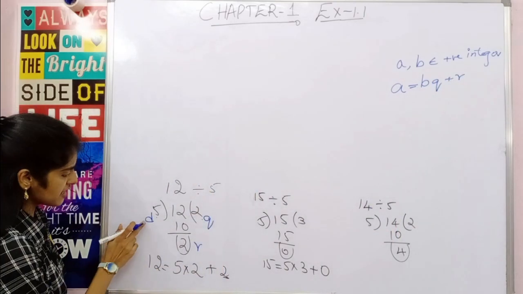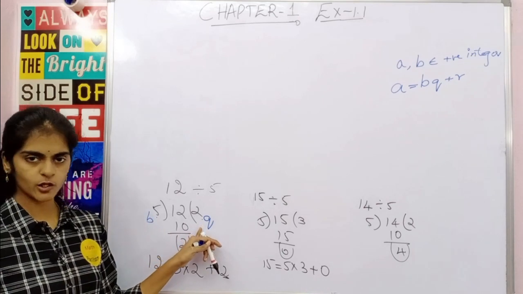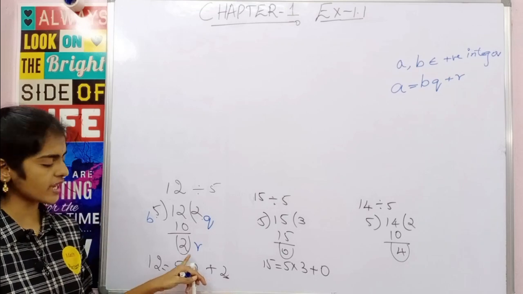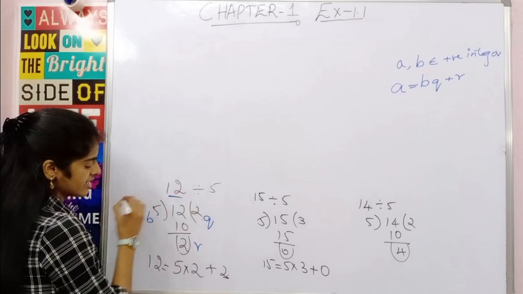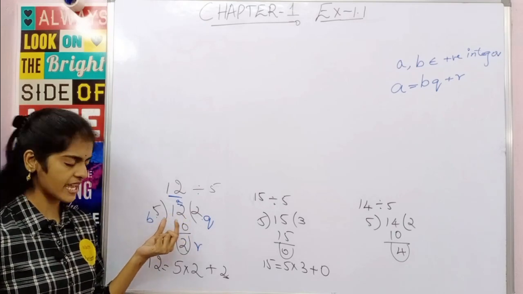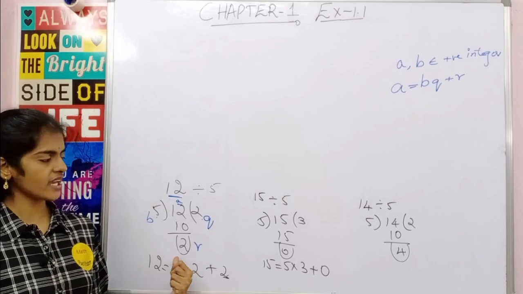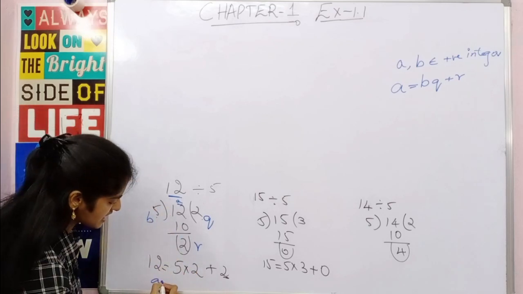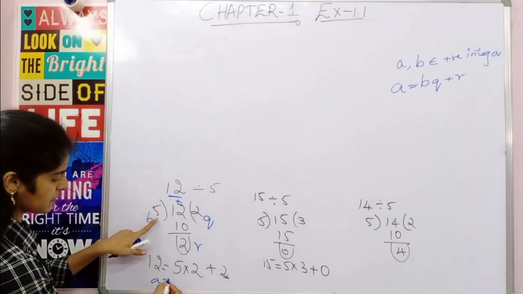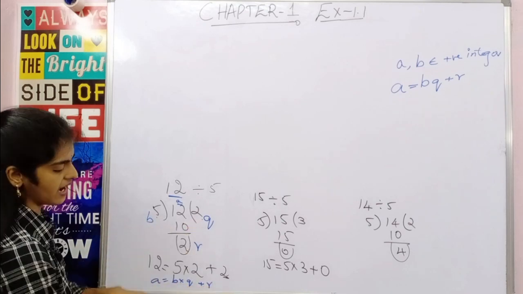Now just see, if I take this divisor as B, quotient as Q and remainder as R, and let this dividend be A, okay. So we are representing the dividend as A, divisor as B, quotient as Q and remainder as R. So the dividend A can be expressed as 5 is nothing but B multiplied by Q plus R, right.